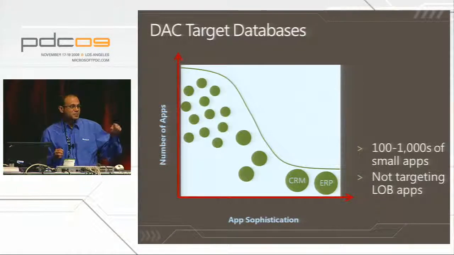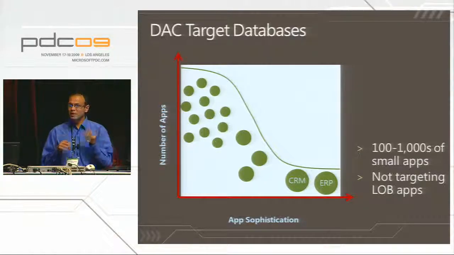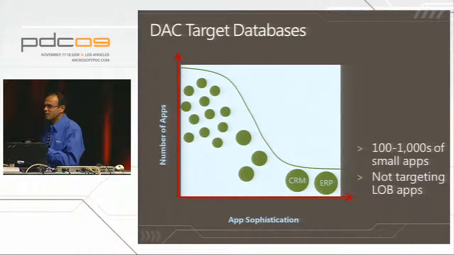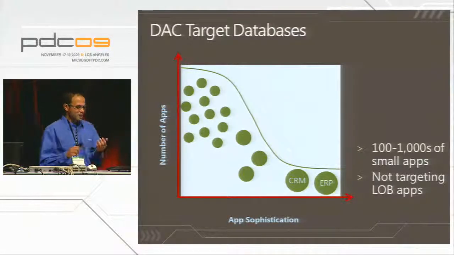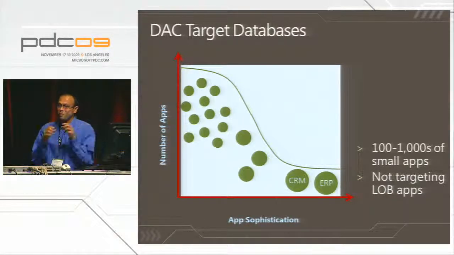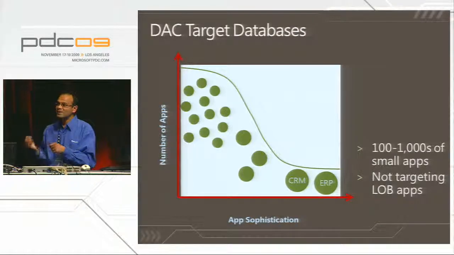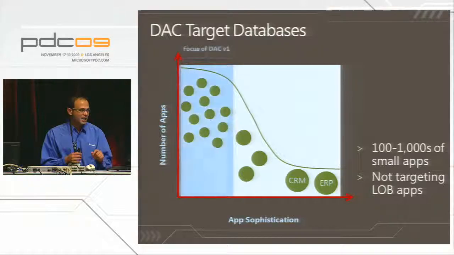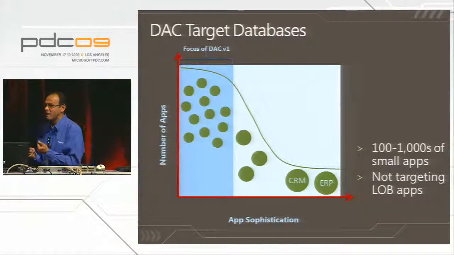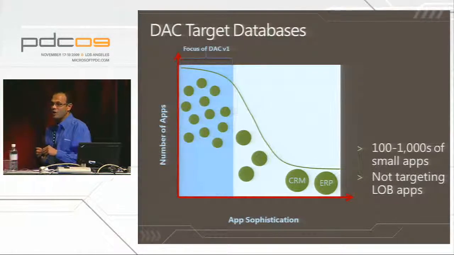That said, we're also noticing that the number of small apps is increasing. That's what we call department labs. The number of small apps is increasing faster than DBAs can manage them, and that's essentially the target of DAC V1. So we are focusing solely on department labs.